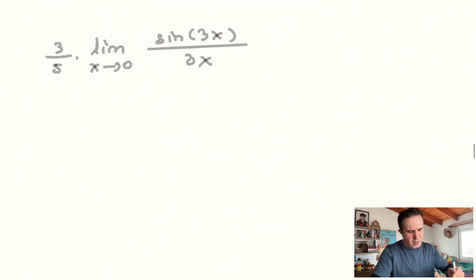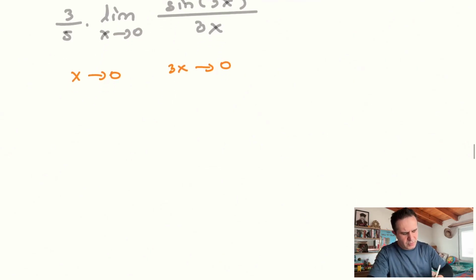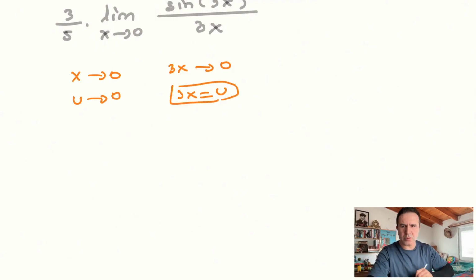But I will say here that if x approaches 0, then 3x approaches 0, and I will use substitution. If we say that 3x equals u, then if x goes to 0, u goes to 0 also.